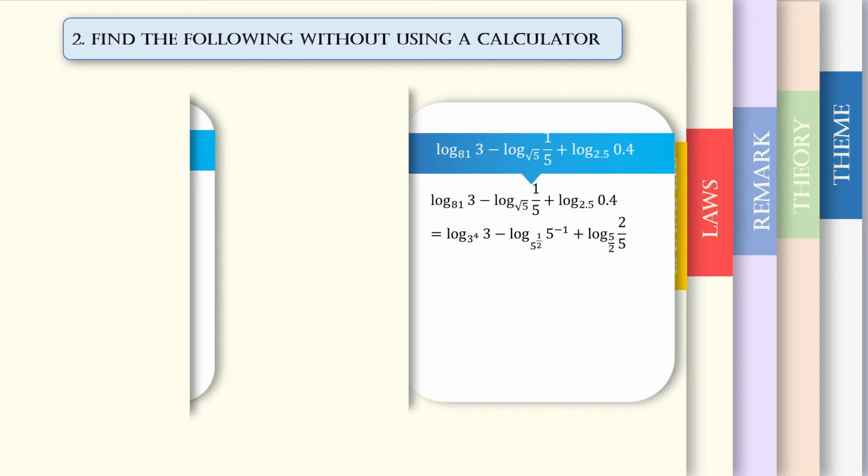For the second logarithm, we will use the properties that we already used. The square root of 5 we will write as 5 to power 1 half, while 1 over 5 we will write as 5 to power minus 1. For the third logarithm, 2.5, we will write it as 5 divided by 2, while 0.4 we will write it as 2 divided by 5.